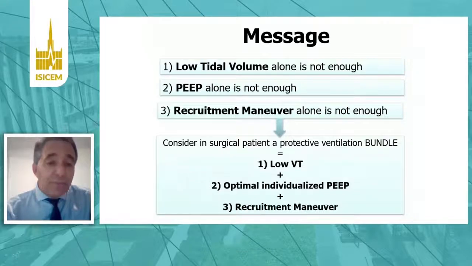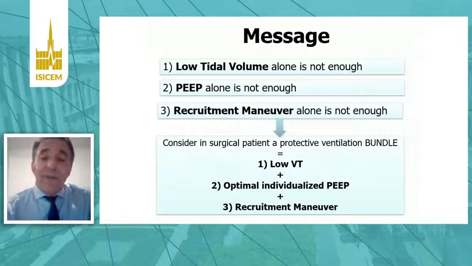So what we should recommend is to consider in surgical patients a protective ventilation bundle which associates low tidal volume around 7 ml per kilogram, optimal individualized positive end-expiratory pressure around 7 centimeters of water, and recruitment maneuver, which should be performed at least every 30 minutes during surgery or each time you have a de-recruitment, such as an extubation or a suctioning.